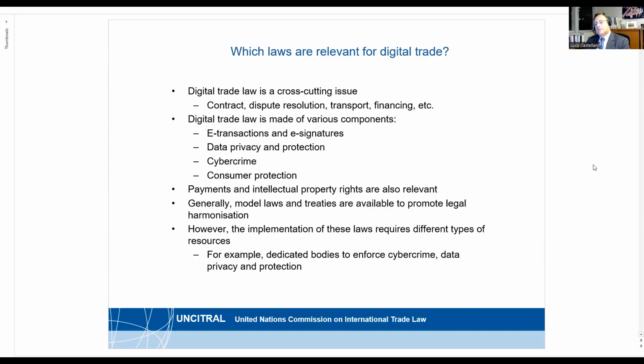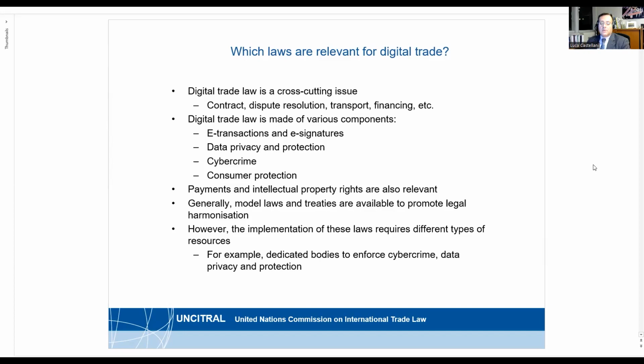In all of these cases, it's very interesting to note that actually there are uniform models, such as model laws and treaties, which promote legal harmonization. And this is understandable since, as we mentioned before, there is an inherent cross-border element of electronic transactions. At the same time, these different areas are not the same.